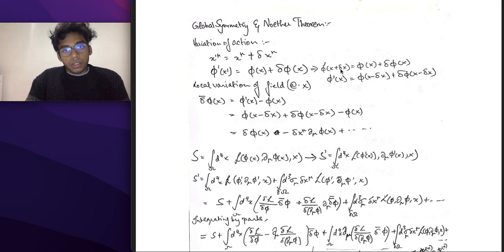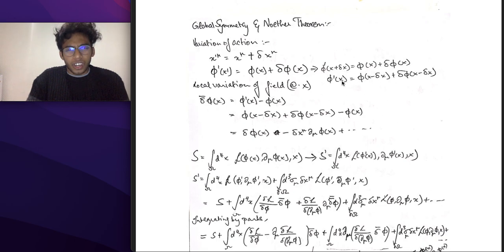So then you can define phi dash of x plus delta x, and you define x plus delta x is equal to x, and then you have phi dash of x is equal to phi of x minus delta x plus delta phi of x minus delta x. This is something you just need to keep in mind, because it will come in calculation later.